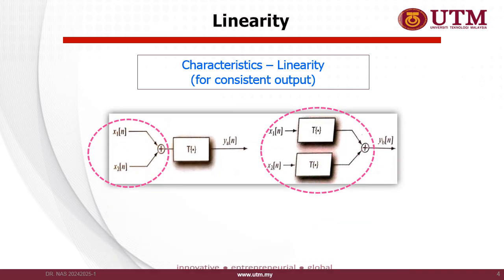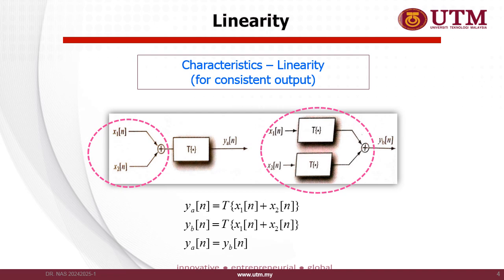In order to determine whether the system is linear or not, you need to consider two systems: the first system as shown on the left-hand side and the second system as shown on the right-hand side. The first system has the inputs x1 and x2 added together, and the added signal is processed in the system, and then the output YA is produced.